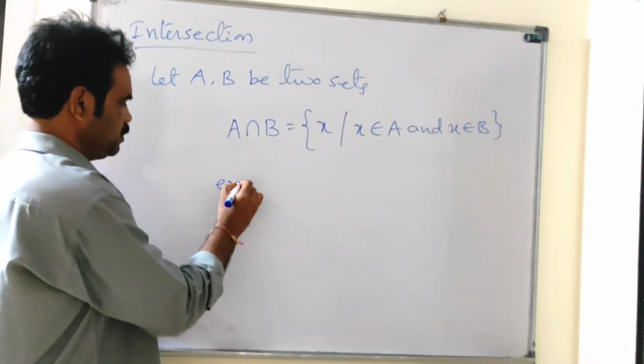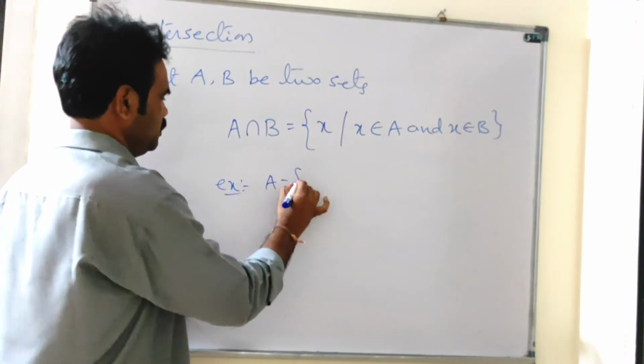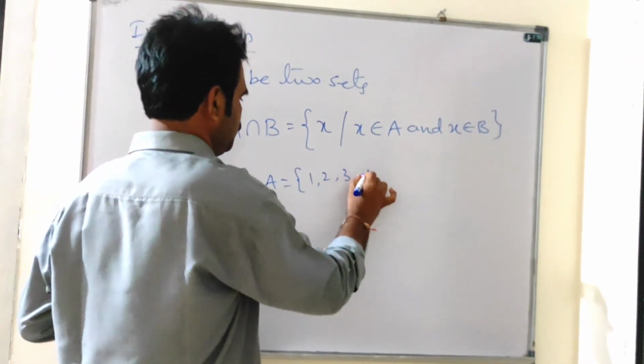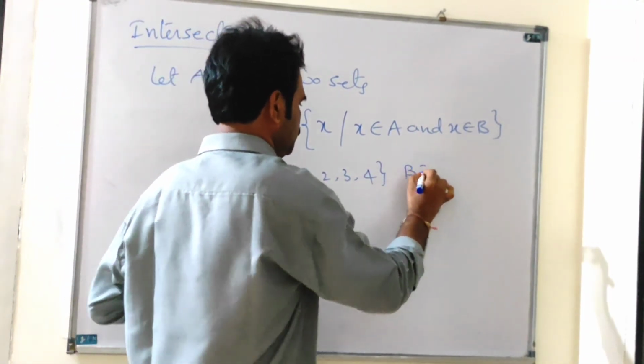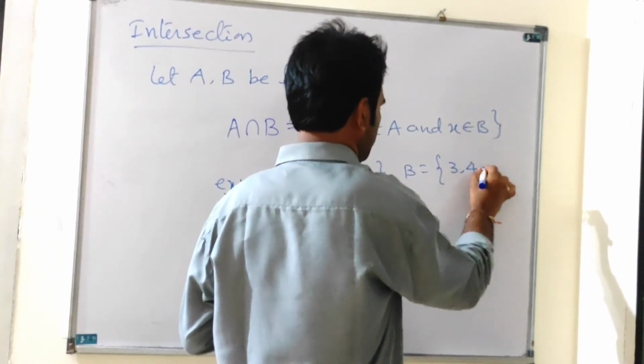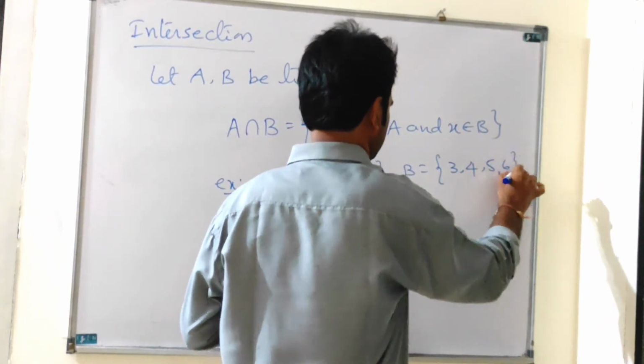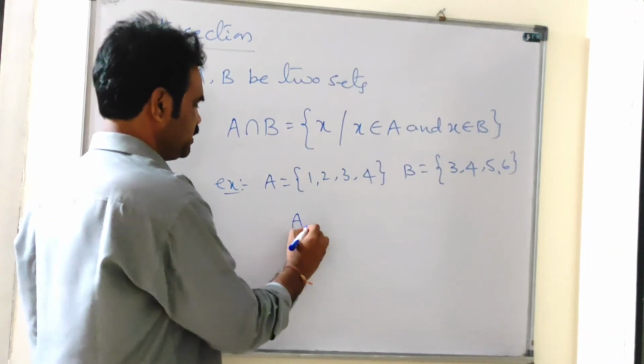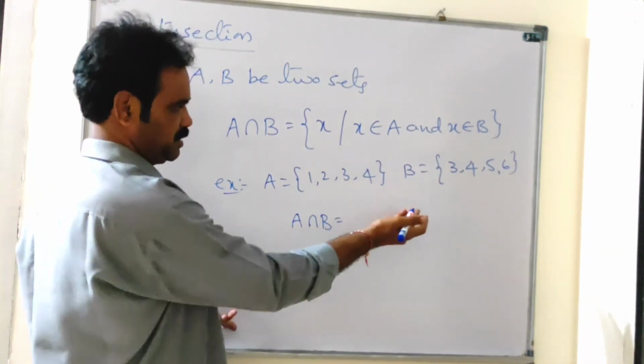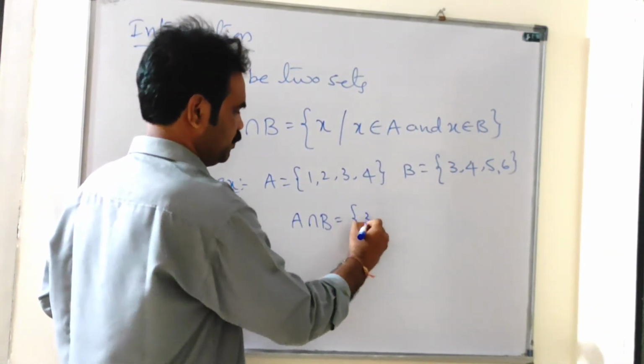See an example: A equal to 1, 2, 3, 4 and B equal to 3, 4, 5, 6. Then what is A intersection B? The common elements, that means 3, 4.